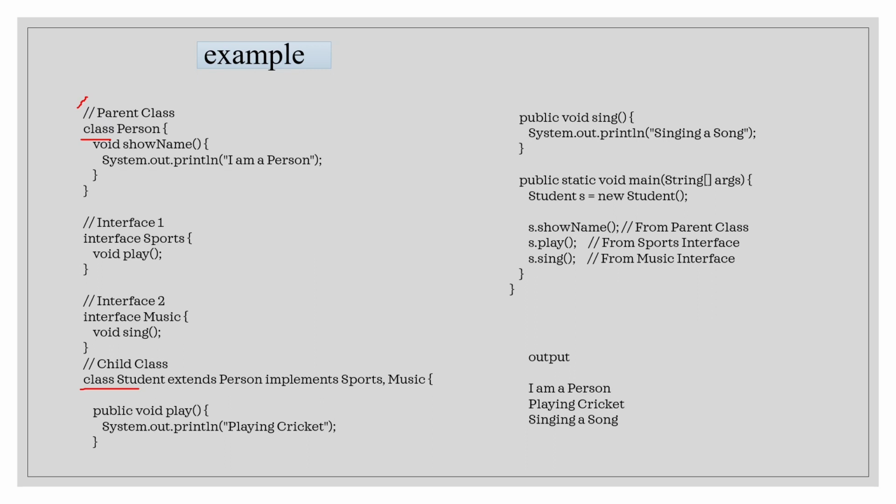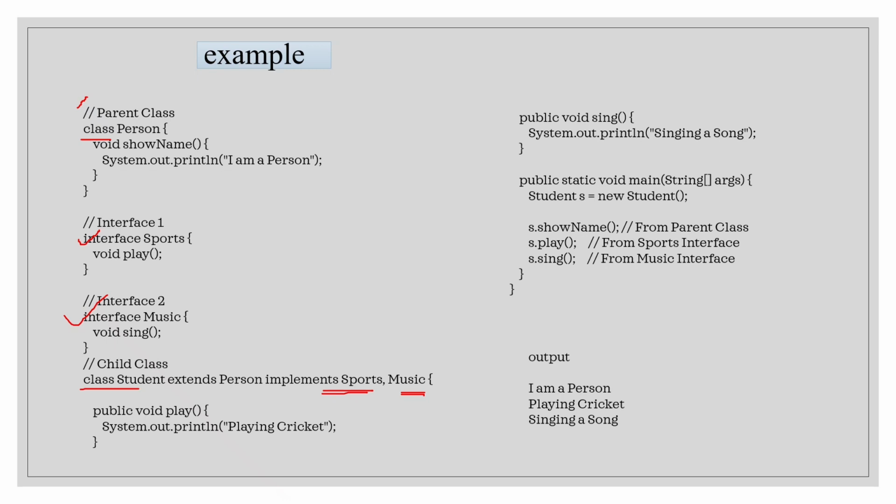Now, along with that, the Student class also implements two interfaces. See here, interfaces Sports and Music. We have two interfaces here, the Sports interface and the Music interface, and this child class is implementing the Sports and Music interfaces. This represents multiple inheritance using interfaces because the Student class is getting features from multiple interfaces at the same time.